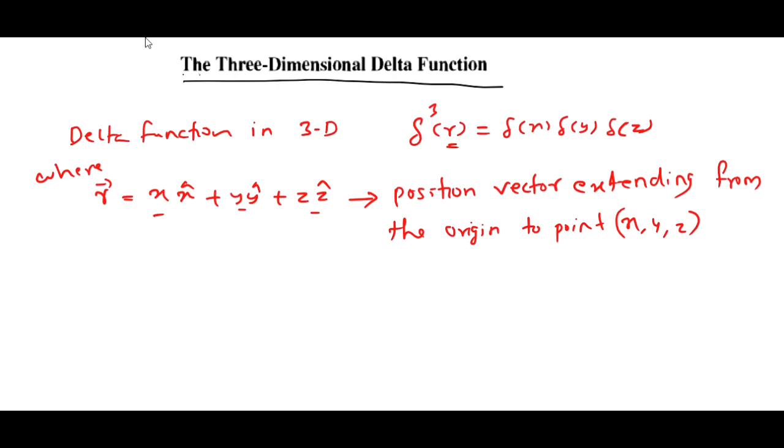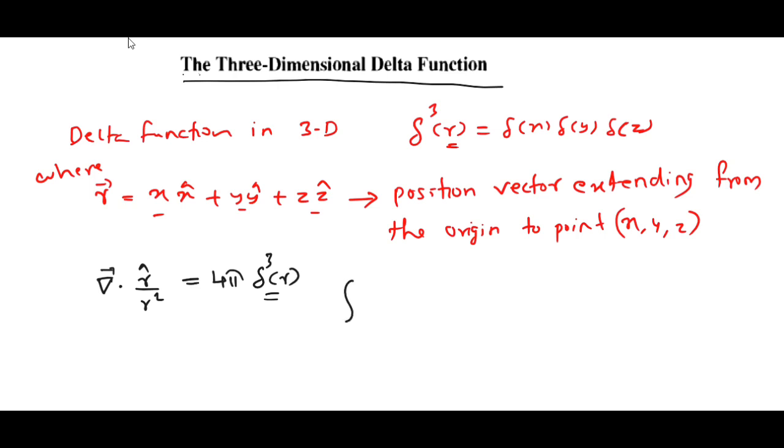We have seen the three-dimensional delta function earlier also, in the case where we derived the quantity divergence of r cap by r square. The result that we obtained was 4 pi delta cube r. Actually, this is a three-dimensional delta function.